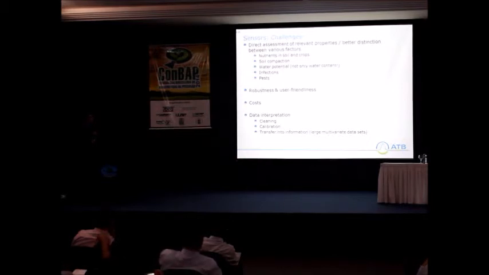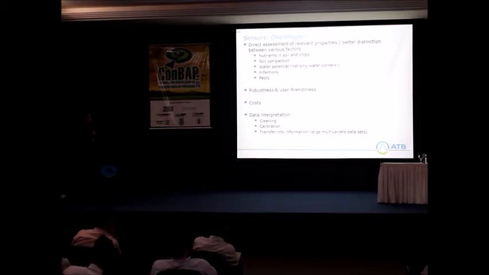The problem is for nutrients and soil crops, we don't have a good sense of soil compaction, water potential, not only water content, infections, pests. There are no sensors available for that. So a lot of space for research. For the practitioner, the robustness and the user friendliness is of course very important, the cost and the data interpretation.